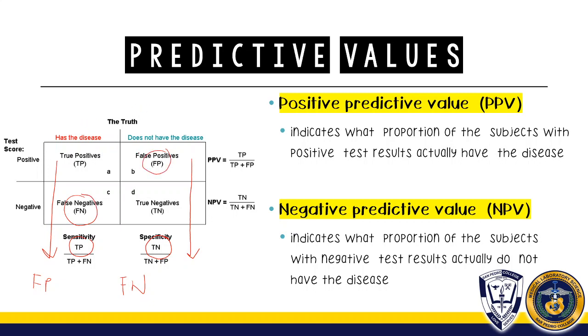How about your positive predictive value and negative predictive value? Here we look from left to right. Since we are talking about who really has the disease, the denominator is the total population that tested positive, or for the negative predictive value, the total number of individuals who tested negative.